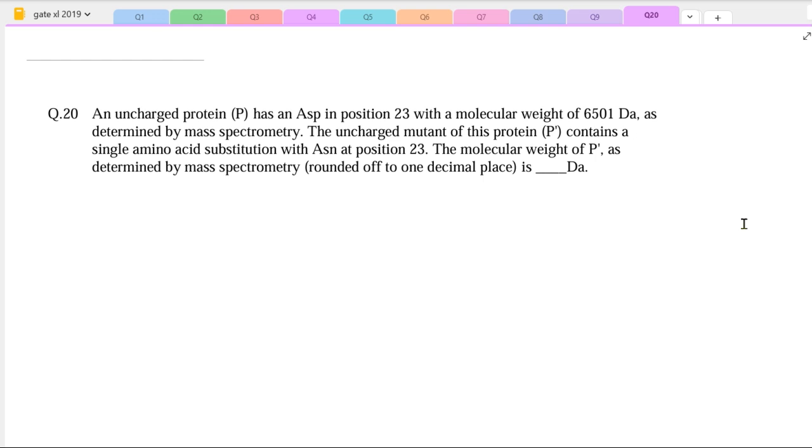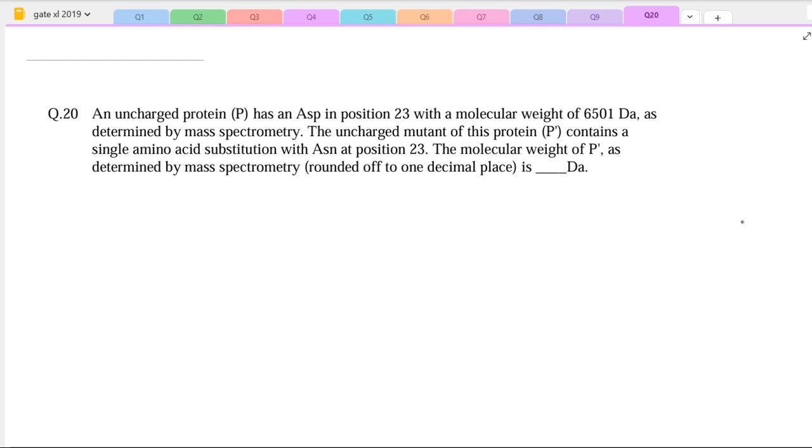An uncharged protein P has an aspartic acid in position 23 with a molecular weight of 6501 Dalton as determined by mass spectrometry. And the uncharged mutant of this protein, that is P prime, contains a single amino acid substitution with asparagine at position 23. The molecular weight of P prime as determined by mass spectrometry, rounded off to 1 decimal place, is what Dalton.